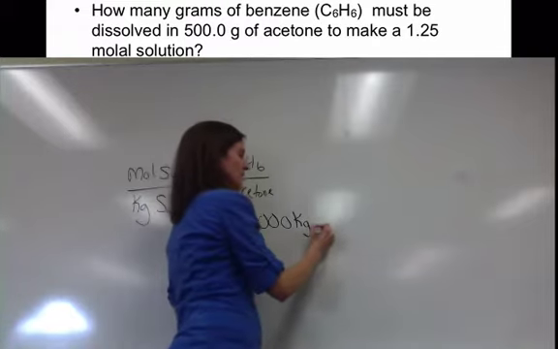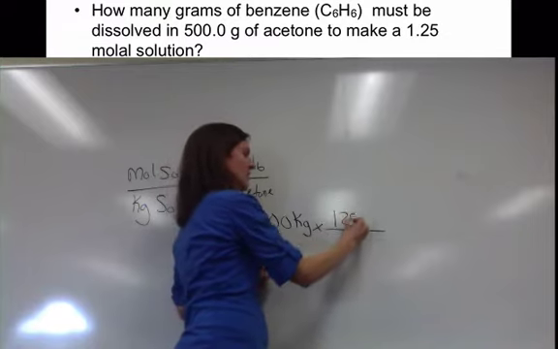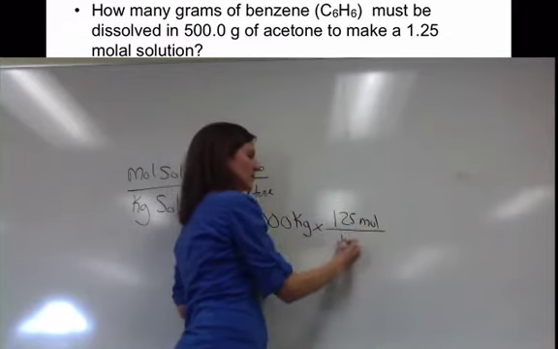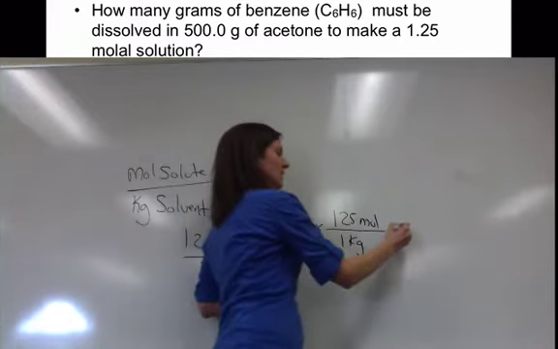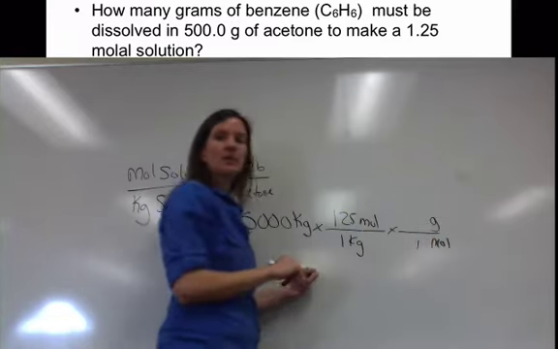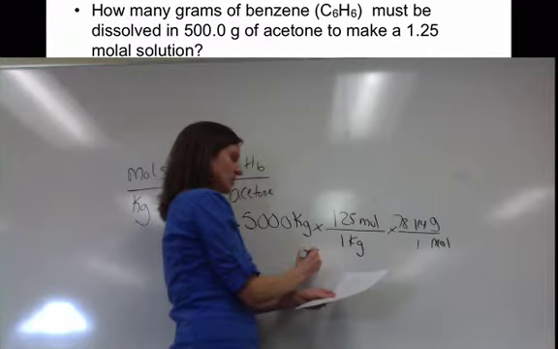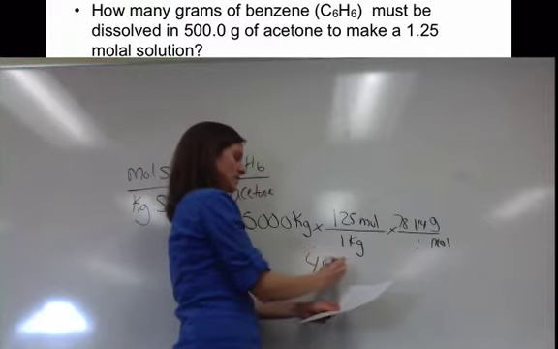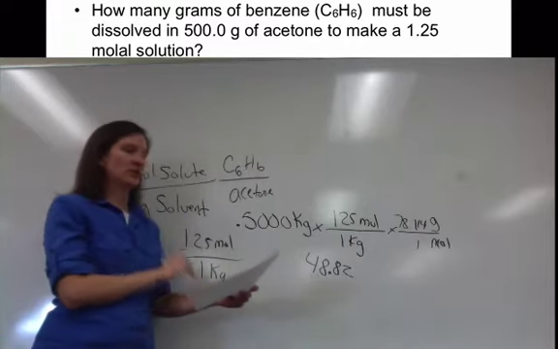So if I multiply this by the molality, which is 1.25 moles per 1 kilogram, that gets me to moles of benzene, and then I can go mole to gram for my last step using that molar mass of benzene. Multiply that out, you should get that you have a mass of 48.82 grams of benzene in that 500 grams of acetone.